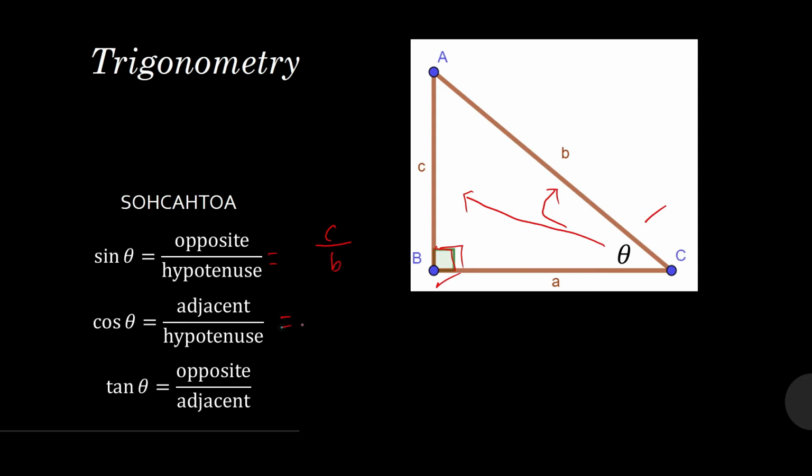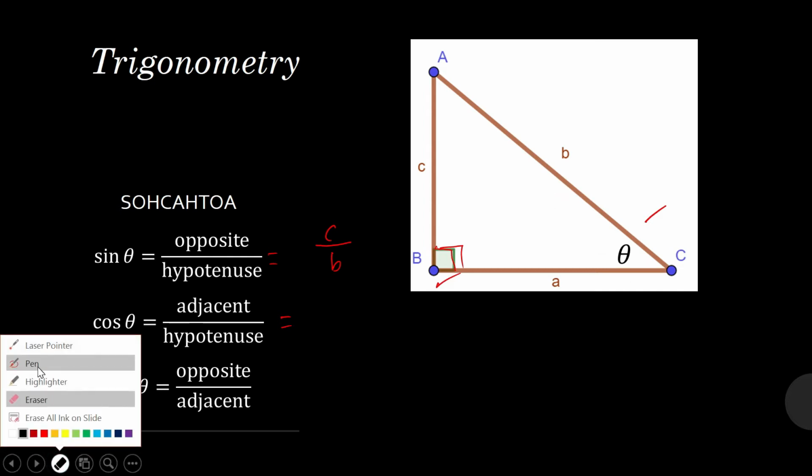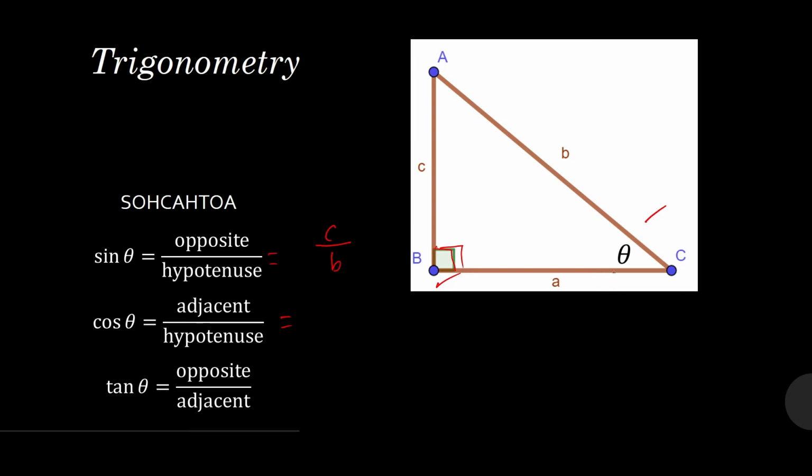For cosine, we get the ratio of the side adjacent. What is the side adjacent? The side that is adjacent to theta. This is your theta.